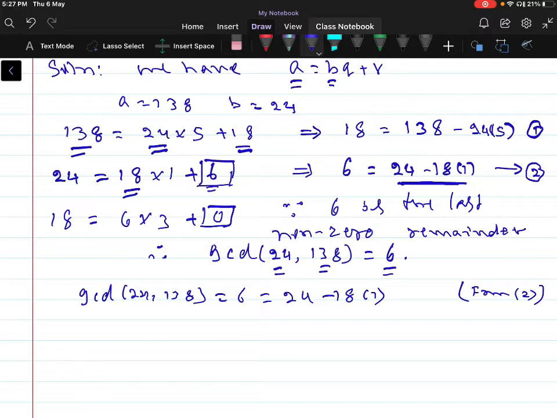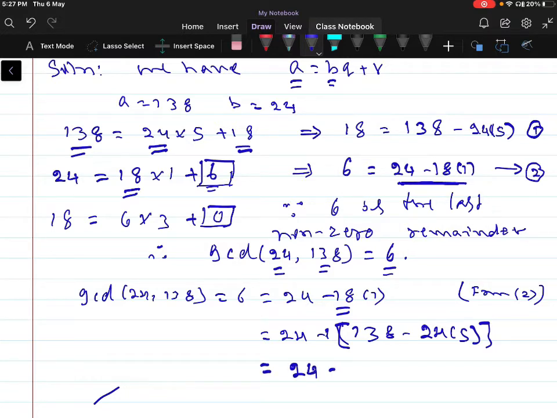Again 18 can be written by using equation 1, that is 138 minus 24 times 5. So this is equal to 24 minus 1 into (138 minus 24 into 5). So this is equal to 24 minus 138 plus 24 into 5.